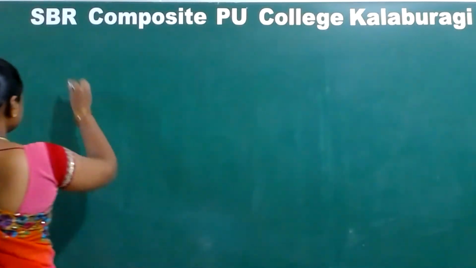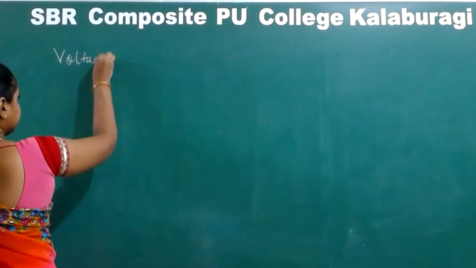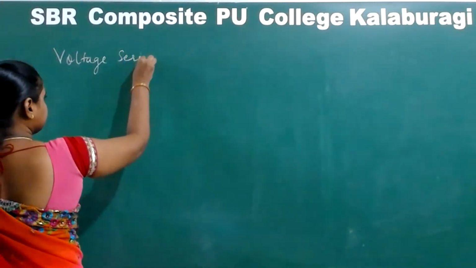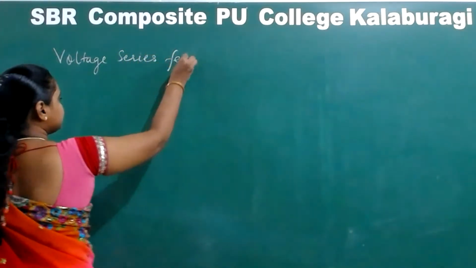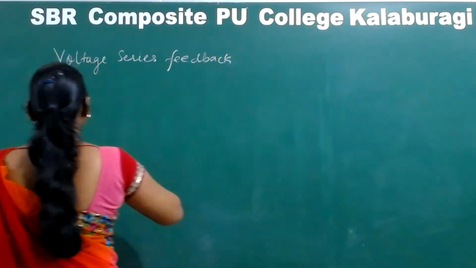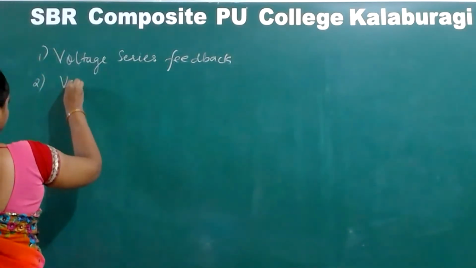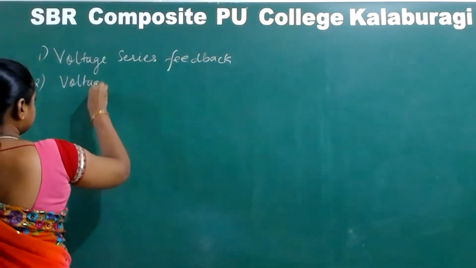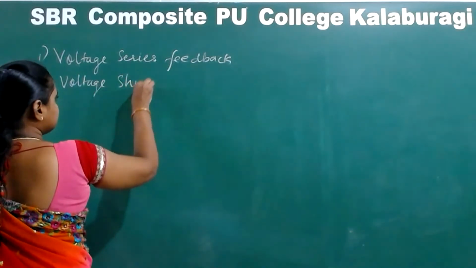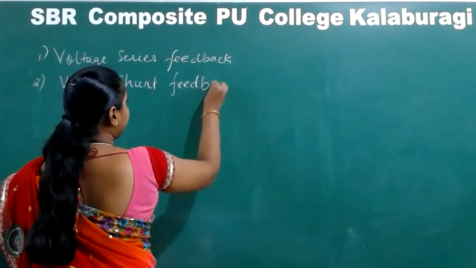voltage series feedback, voltage shunt feedback. Shunt means parallel.